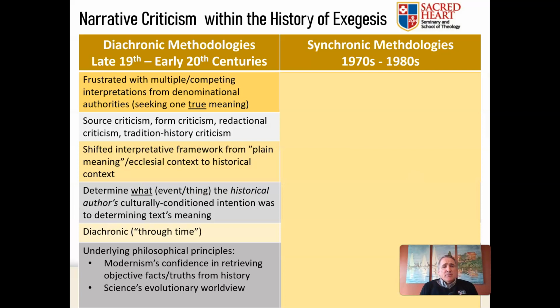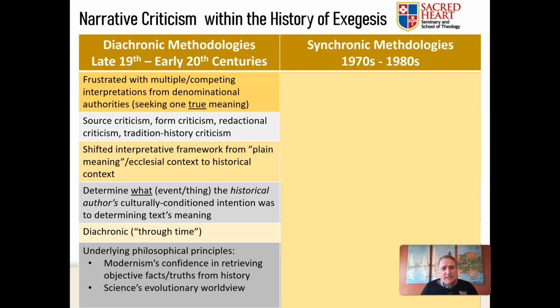As you're probably well aware, we can start the story of modern critical biblical studies back in the mid 19th and early 20th centuries. During that time, the methods that really continued to dominate for about 150 years were first formulated and came to prominence.